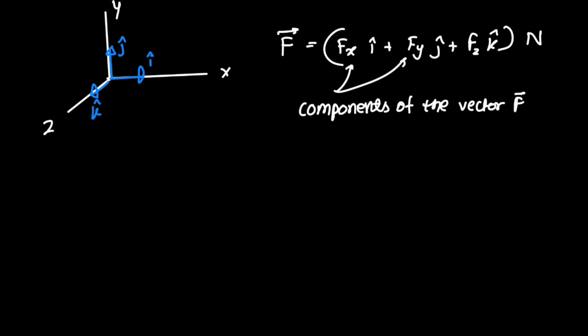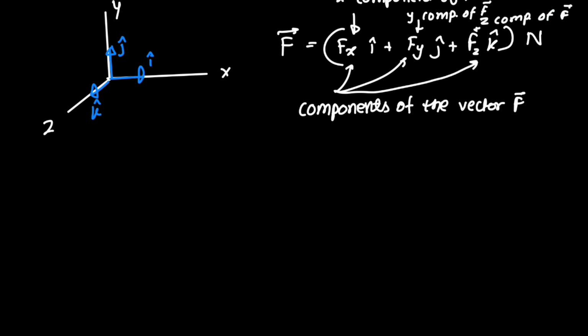So fx, fy and fz are known as the components of the vector f, and fx is known as the x component of the vector f, fy is known as the y component, I'm writing in short, of vector f, and fz is known as the z component of vector f. Okay, so components is a new word that we have learned in this video.